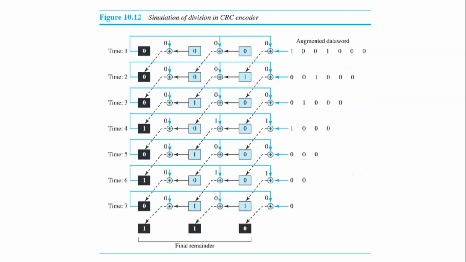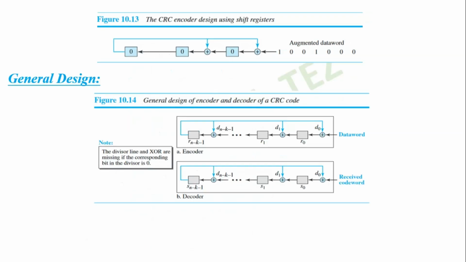The same thing here: in the previous example, if you can see, there are so many XOR gates and so many registers. This can be written in a much simpler way, since the same operation is happening often. So here only 3 registers are enough, and 2 XOR gates are enough to do the same old operation.